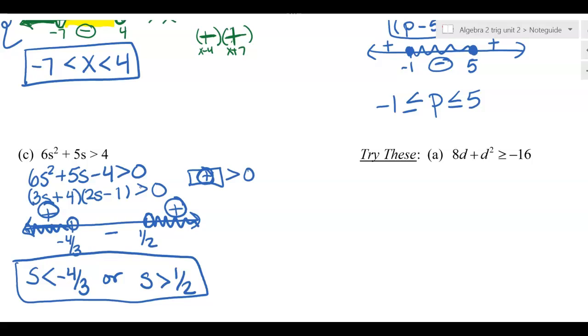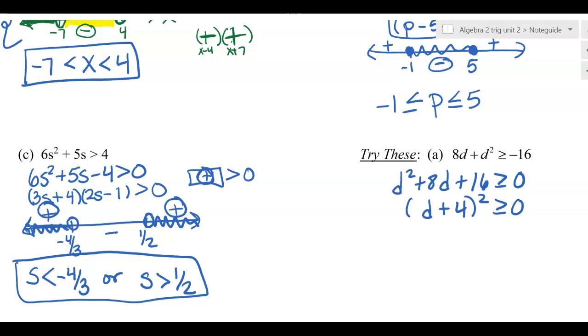We'll look at one more because it's a little bit unique. If we look at this last one, the try these, and you guys can try some more of the try these. I'm gonna bring the 16 over. So this kind of points out a unique situation, because if you factor this, you actually get a perfect square, which means at how many places is this quadratic equal to 0?